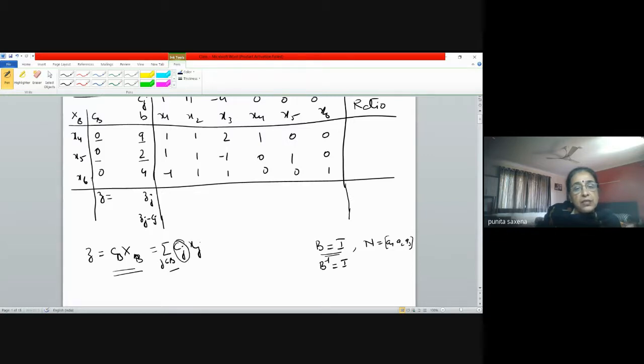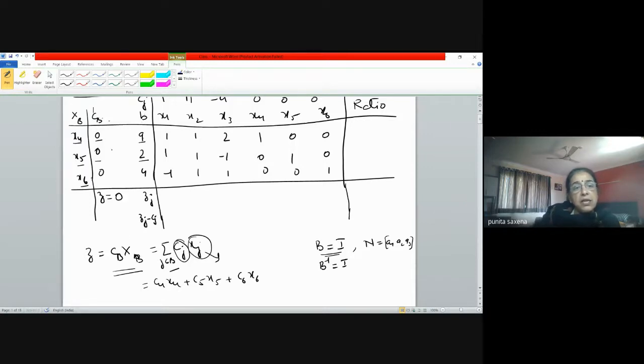These are the coefficients. Which variables are these? Basic variables. Which are the basic variables? X4, X5, X6. So in this particular problem, they are going to be C4 X4 plus C5 X5 plus C6 X6. So they are nothing but CB into this. These are the values, so that is why this will turn out to be 0.